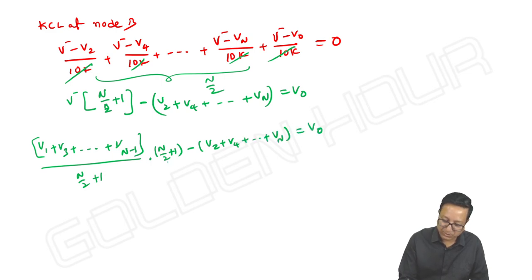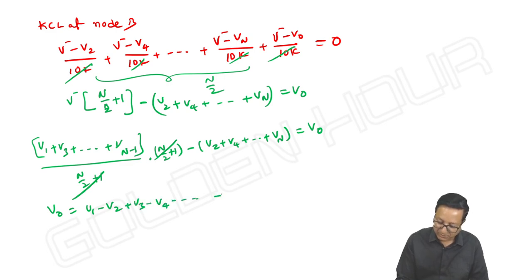That is our output. N by 2 plus 1, n by 2 plus 1 cancel. So what is V output then? V1 minus V2 plus V3 minus V4 and so on, plus Vn minus 1 minus Vn.